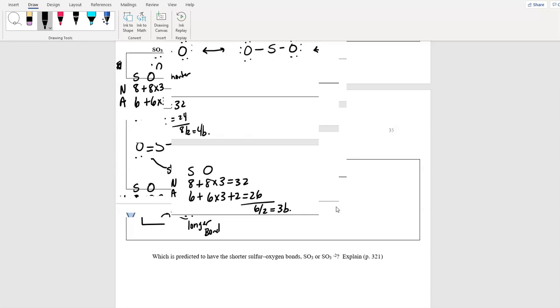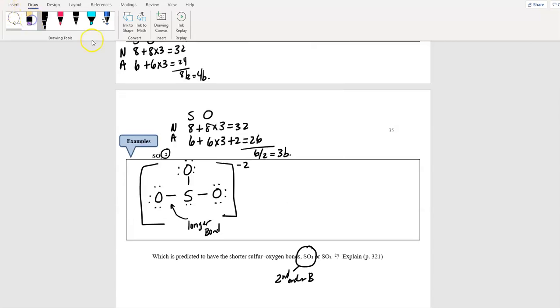So which is predicted? The one that has this one right here, because you have second order bond order. Actually, I should put second bond order. I put the word bond last.